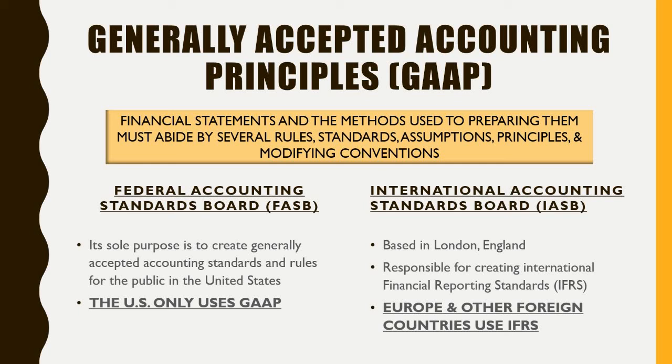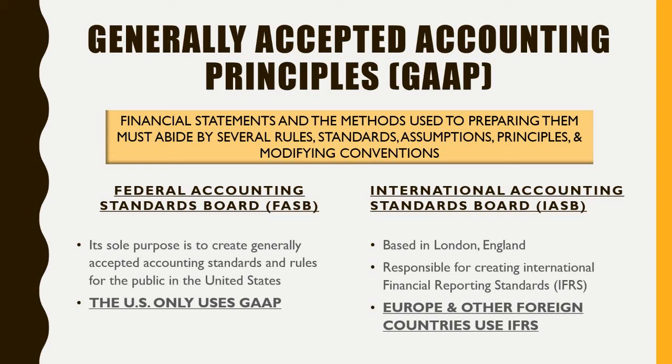It's a systematic set of rules and guidelines that you have to follow in order to produce accurate financial statements. So here is a more precise definition for you: it's several rules, standards, and assumptions that you need to follow in order to have those guidelines to be protected.